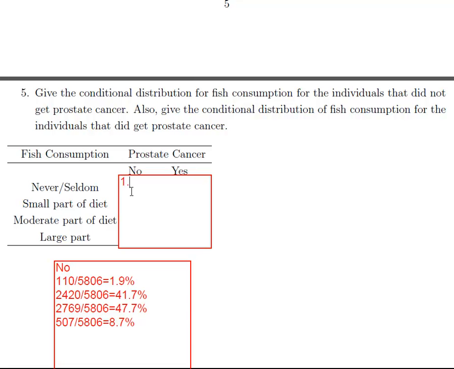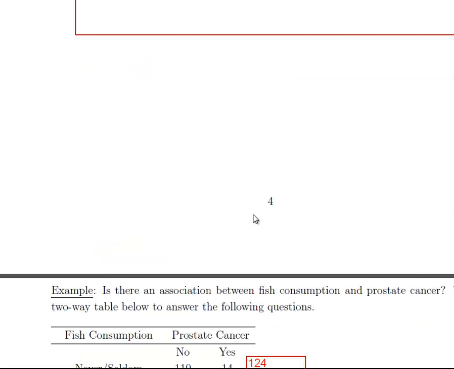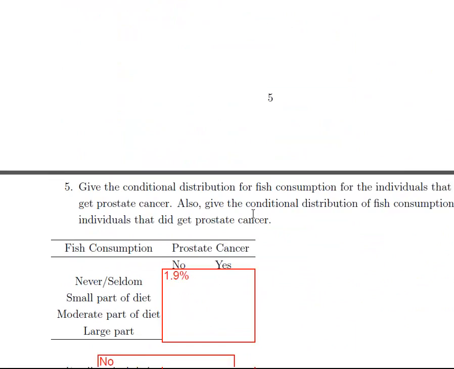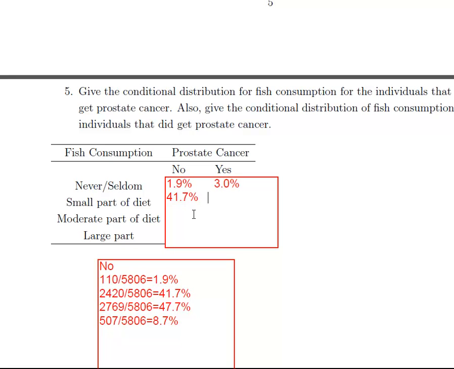So we have 1.9% for that. Let's start over. Let's see, so 1.9%. And then over here it would be 3%. And then we calculated 41% for that.